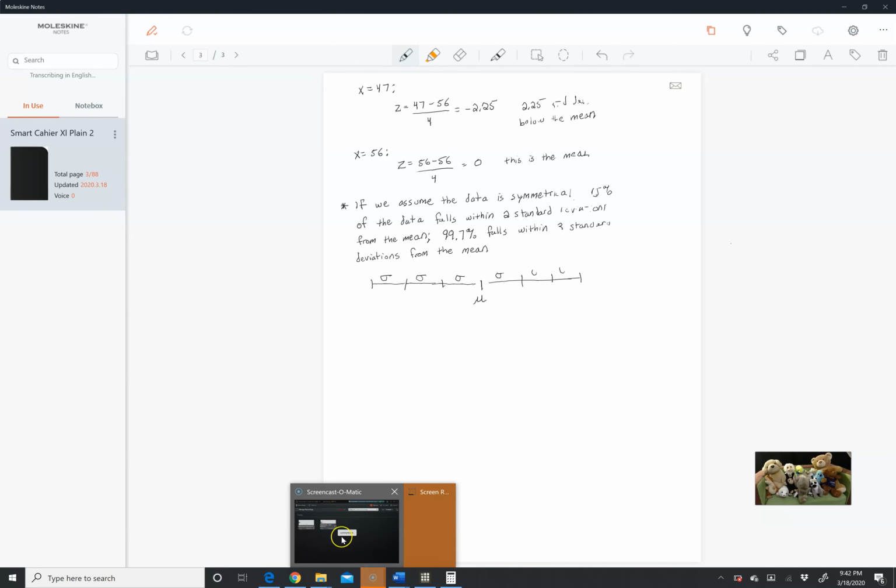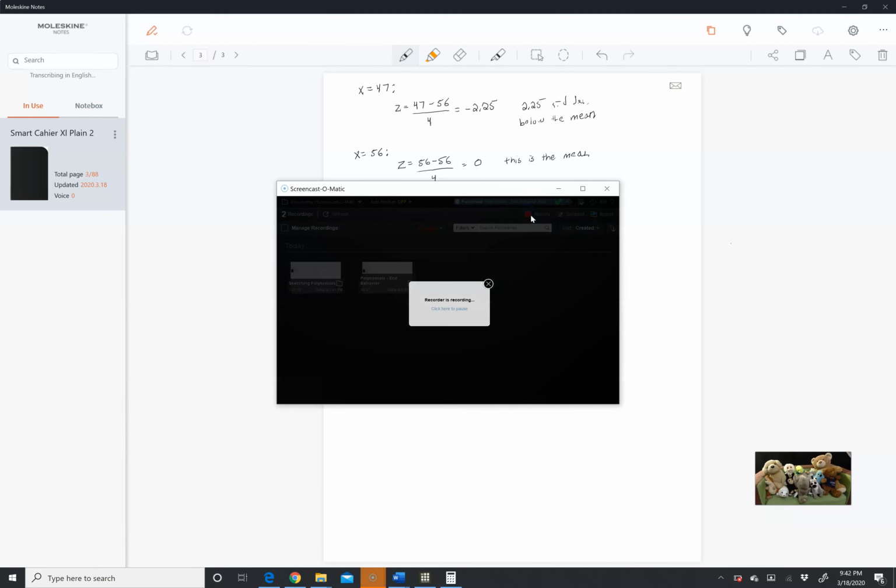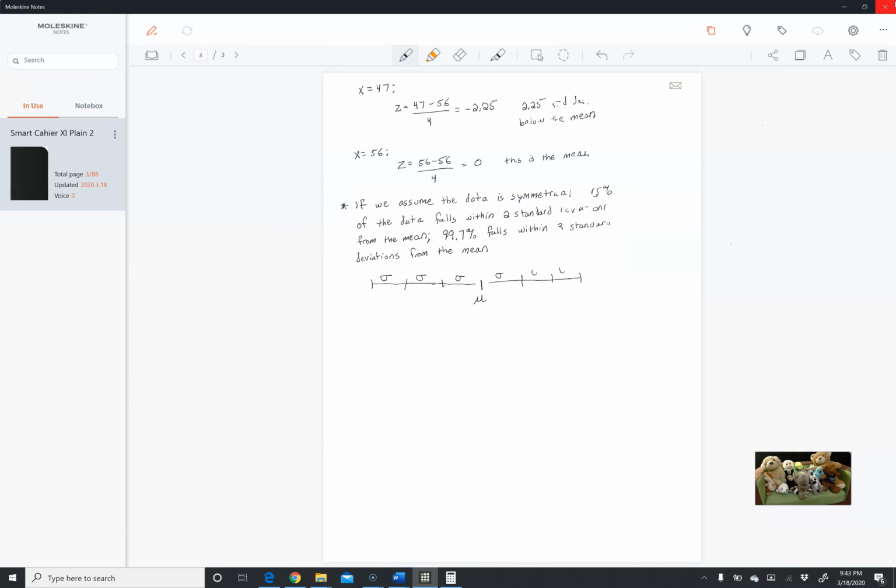I'm going to pause this for a minute. Okay, so if we record this as 1 standard deviation, 2 standard deviations, and 3 standard deviations from the mean, then 95% of the data falls between here.